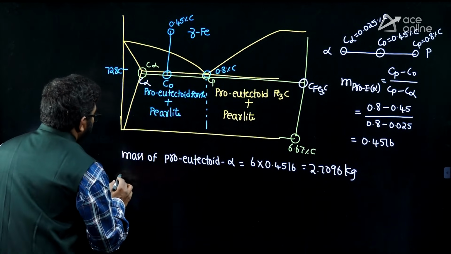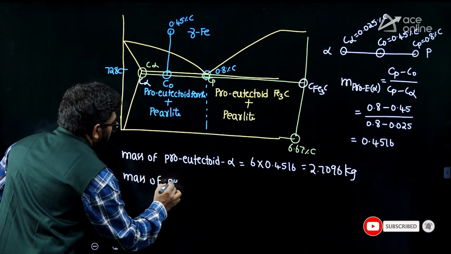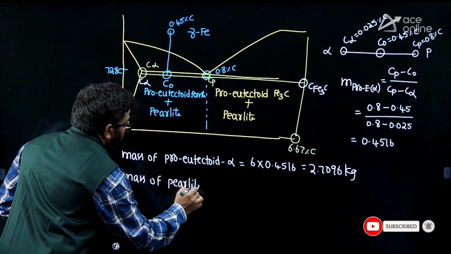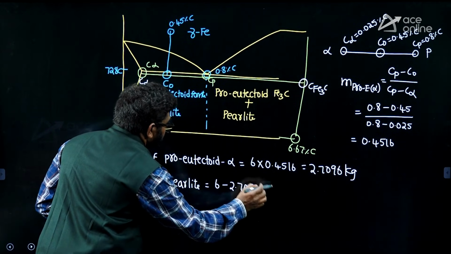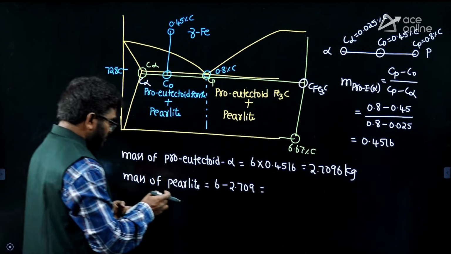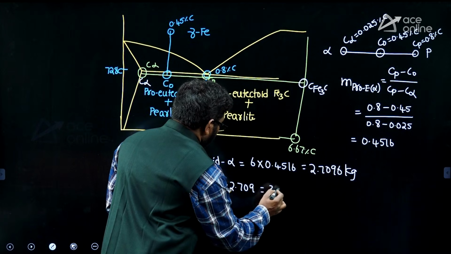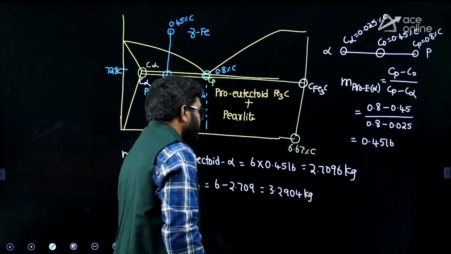And the mass of perlite is equal to 6 kg minus 2.7096 kg, so we get 3.2904 kg. I hope you understood.